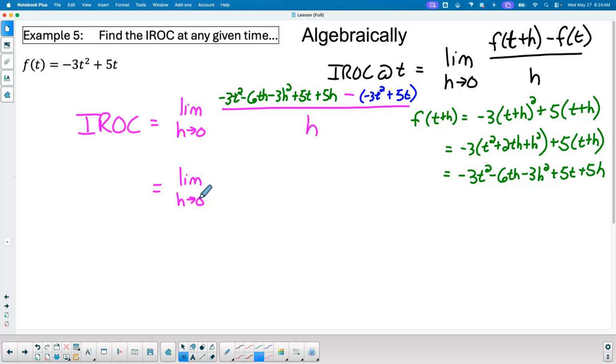Yes, they do. Okay? So then that leaves me with negative 6th minus 3h squared. 5t minus 5t cancels out. Right? Factor out an h, or divide every term by h.